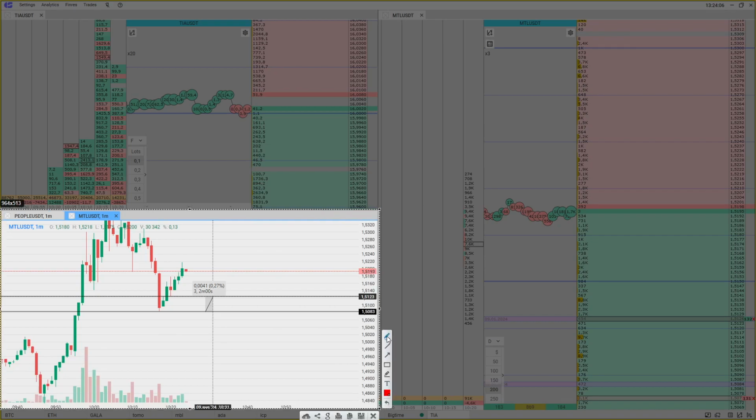So we have a deposit of 200. So we have a daily drawdown of about $20. Stop loss per trade will be $4.